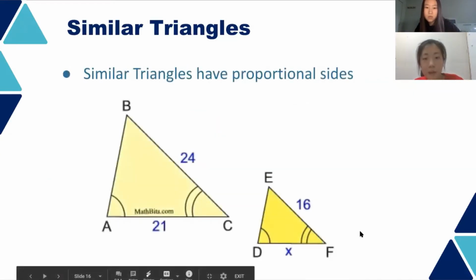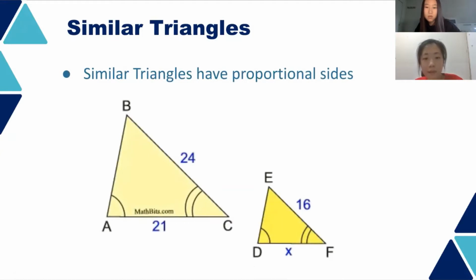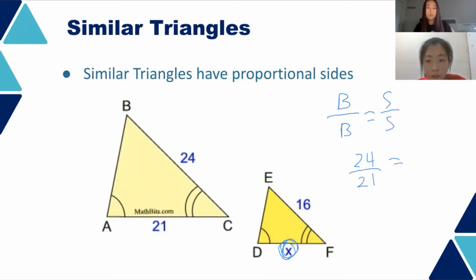Similar triangles have proportional sides. What that means is that you can find the unknown sides here by using proportion. So you put big over big equals small over small. So 24 over 21 equals 16 over x.